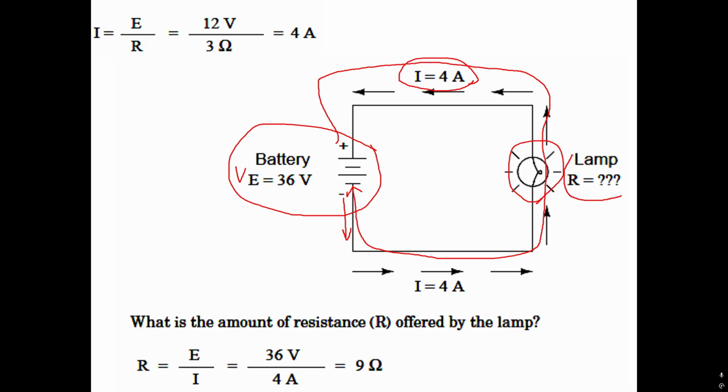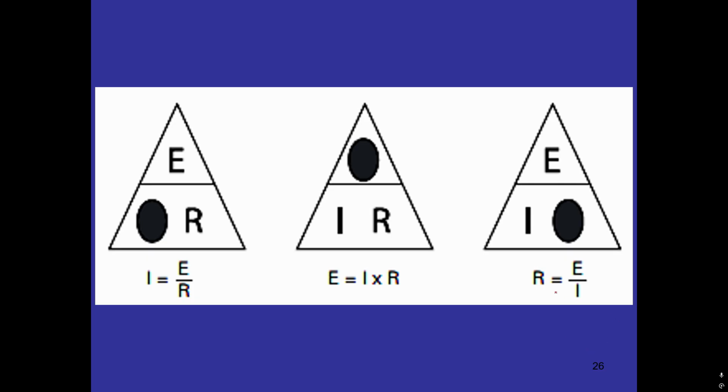This lamp has some filament that offers some resistance. So the question is, what is the amount of resistance R offered by the lamp? We need to find out the resistance, so this formula applies: resistance equal to voltage divided by current.